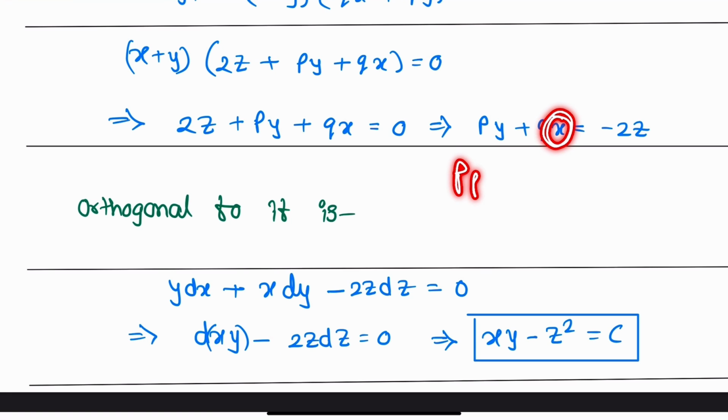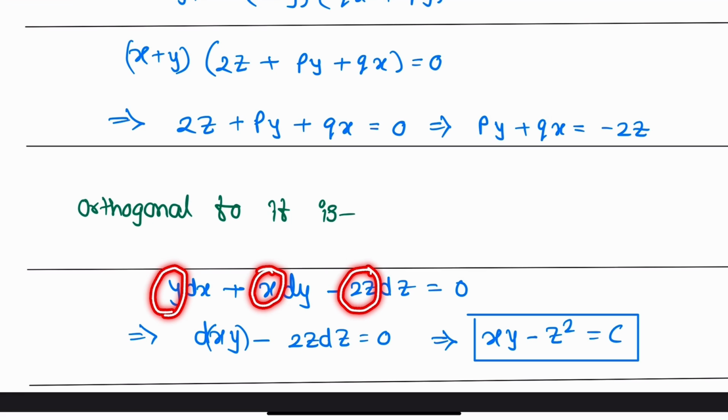Let's write it again, p dx plus q dy equals r. This q and this q are the same. So this x should be q, and r should be minus 2z. So just writing here, this is in the form of p dx plus q dy plus r dz equals 0.